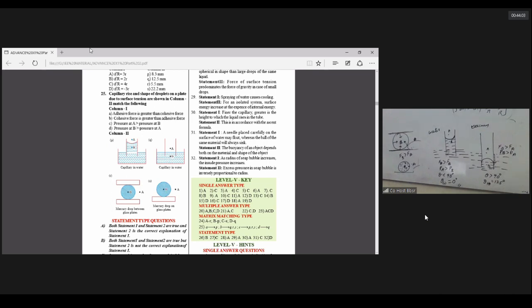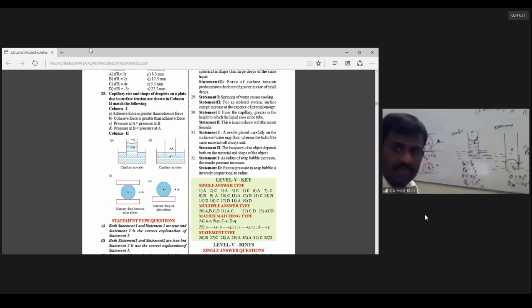Cohesive forces are greater than the adhesive forces. But how could we give the pressure? Why should we write PA greater than PB? Forces, okay, but think about the pressure value. Pressure. Are there any other external things acting on the system?